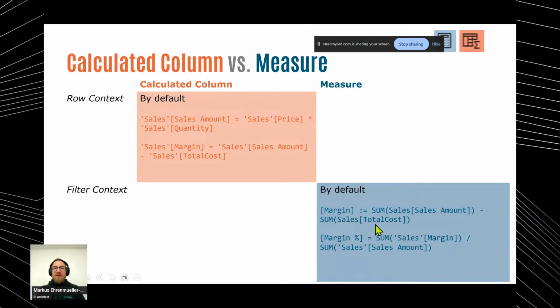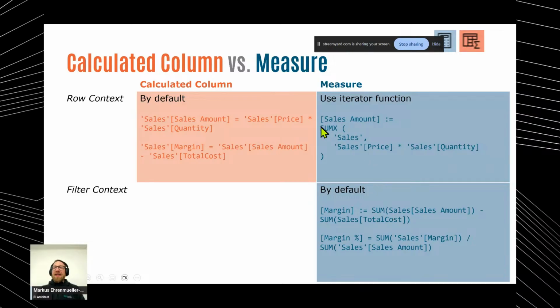But the drawback is, if I want to multiply something, this is not possible here, because multiplying two columns is not possible as we have to put the aggregation function here. Luckily, we have iterator functions, for example SUMX, where I open over the sales table a row context, and then I have the same formula: price times quantity.